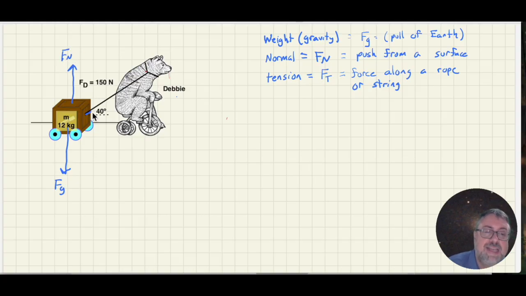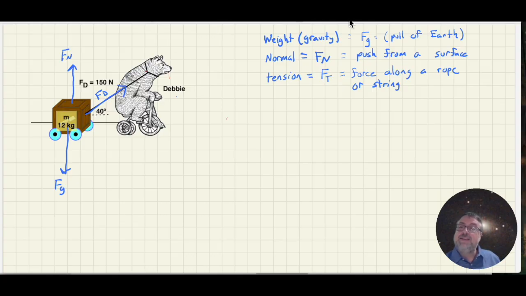But now Debbie's force is going to be applied along this rope. It's a tension. Now, I say here that I have a force at an angle, and you can pretty much guess what's going to happen. We're going to need to break these up into X and Y pieces. However, before we do that, there's an important thing to note about the AP exam.